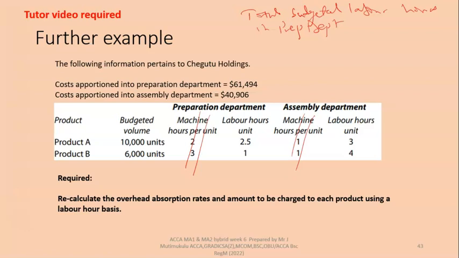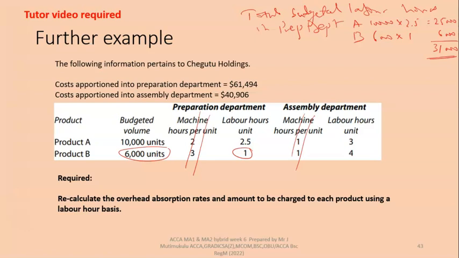For product A, that's 10,000 units multiplied by 2 hours per unit, and we get 20,000 hours. Then for product B, that's 6,000 units multiplied by 1 hour per unit, so we get 6,000. So if you add them, you get 31,000.